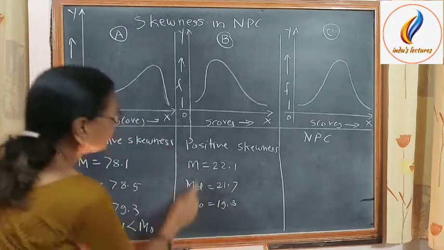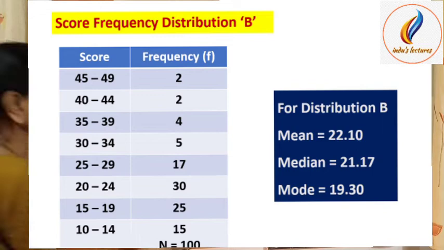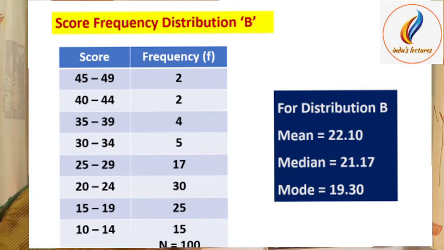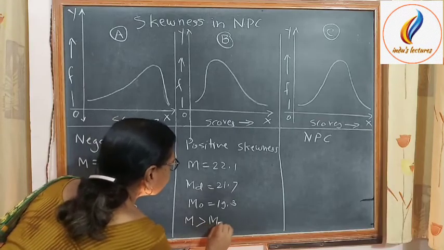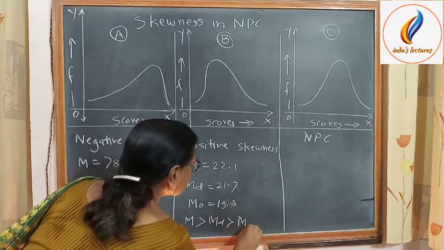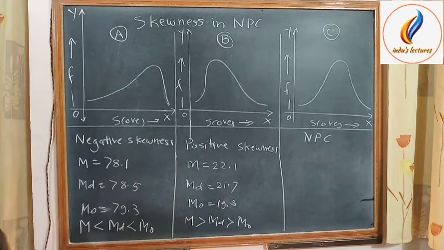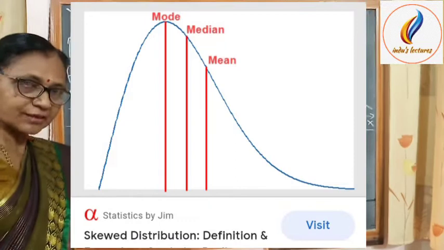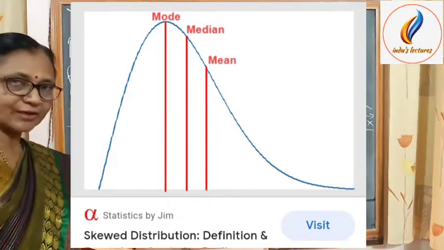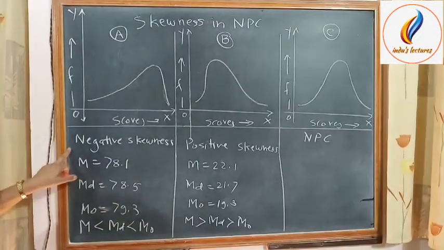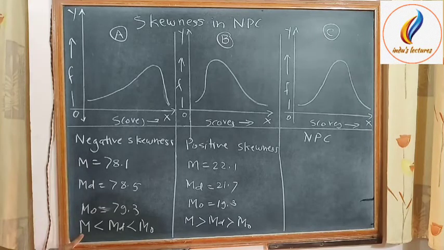That means in positive skewness, mean is greater than median is greater than mode. That means in a positively skewed curve, mean has the maximum value, while in a negatively skewed curve, mean has the lowest value as compared to the other measures of central tendency.